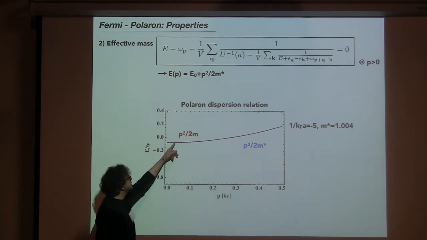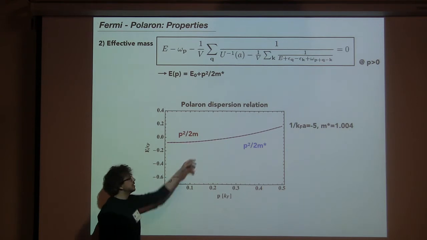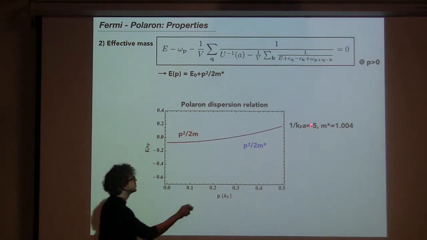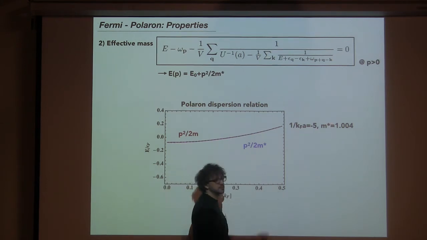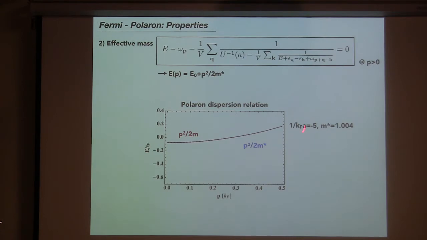And we can compare this to p-squared over twice the real mass of the impurity, and these two curves actually coincide, which just shows you that the effective mass of this polaron is just really not very much different, but this is very weak attraction. So the impurity pulls only a few fermions towards it actually, like 1% or so, density increase, and that doesn't change much the effective mass.